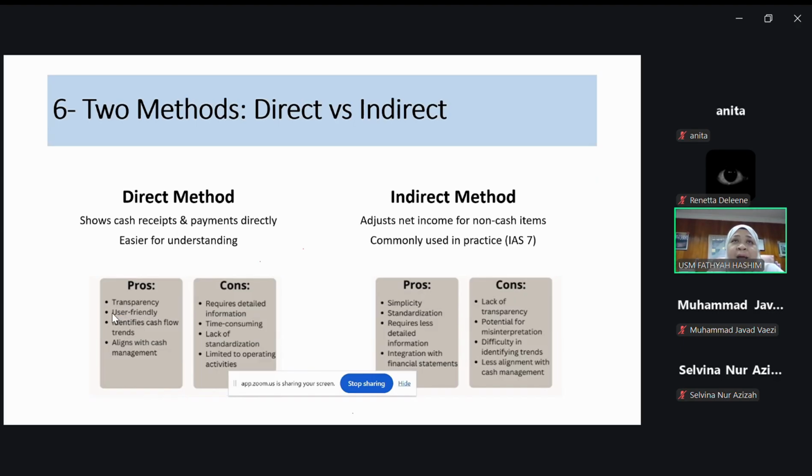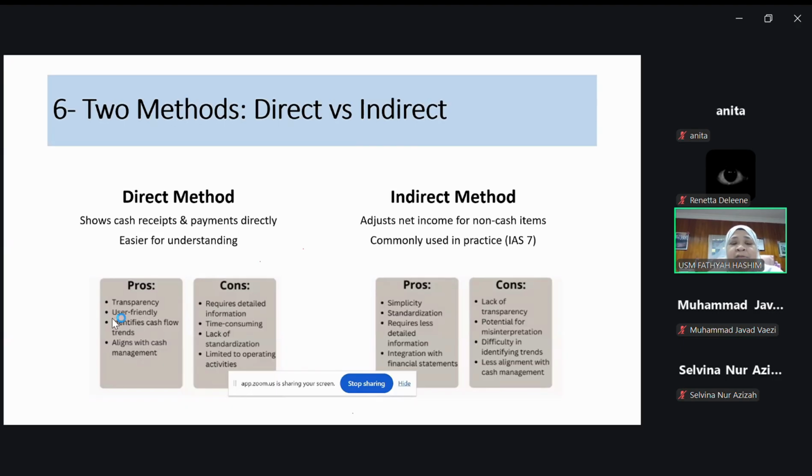Your users might understand it more easily, and it can show the cash flow trends easily over the years for comparison. It's easier, and it is aligned with cash management because we know the cash in and cash out from which of the items clearly.